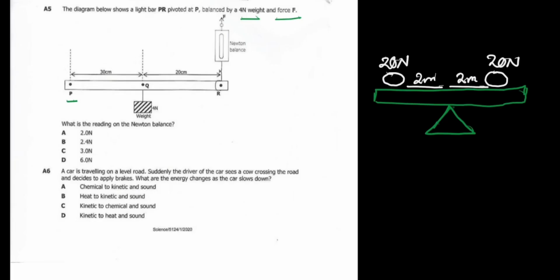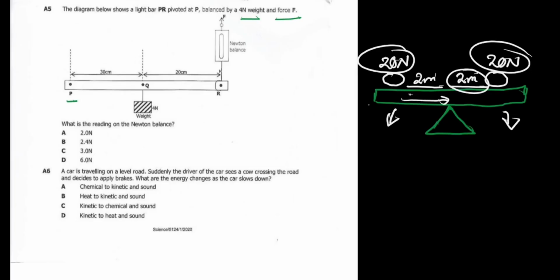So the reason why this pivot is balanced, it is not going this direction or this direction, is because notice that the forces are balanced together with the perpendicular distances. Now, the distance here is perpendicular to the application of the force. The weight is in this direction, the distance is in this direction. So the distance is perpendicular to the direction of weight.